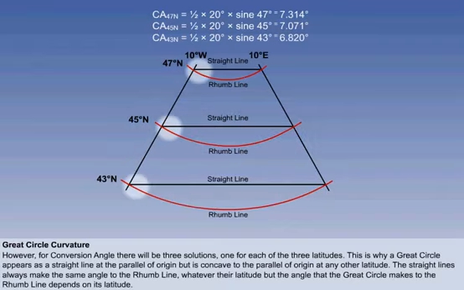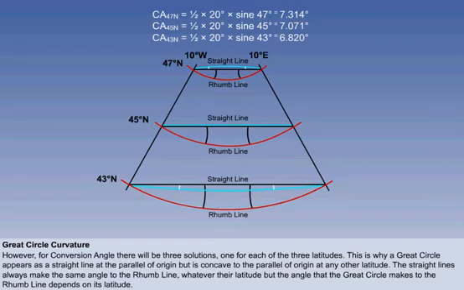There's just one final point to make on this diagram. Look at the amount of curvature of the rhumb line compared to the straight line. It is approximately 7 degrees in all three cases. But look at the amount of curvature of the great circles compared to the straight lines. It is about 0.2 of a degree at 47 north and 43 north.